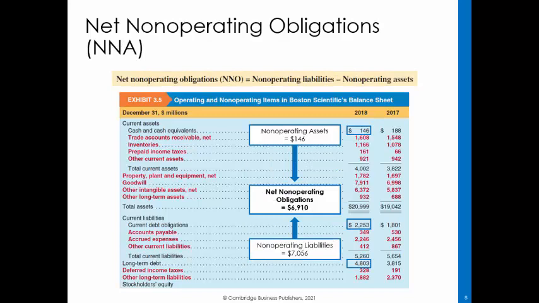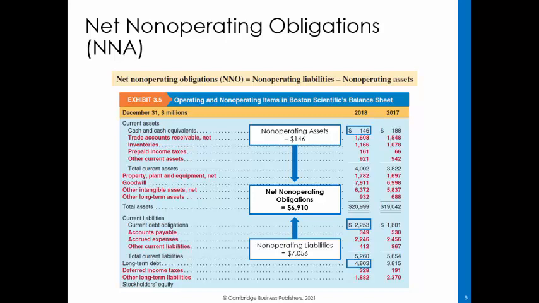All balance sheets include non-operating liabilities and/or non-operating assets, although they are typically less numerous than the operating items. This slide shows the non-operating assets for Boston Scientific. Generally, non-operating refers to assets and liabilities that are not used as part of the core business activities of the company.